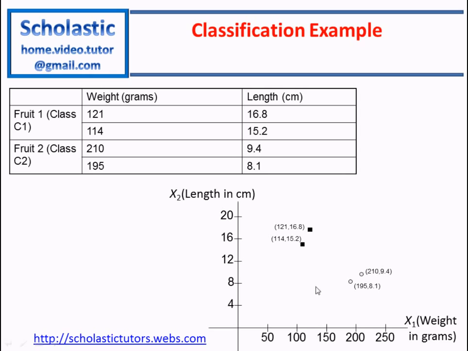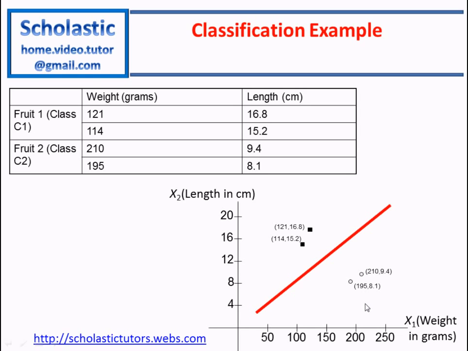So you can see clearly that there are two classes here. The first class is here, the second one here. So basically we can find the class boundary which can classify these two types of fruits into two classes. Our problem here is to find the mathematical expression for this and find a neural network application to classify the problem.